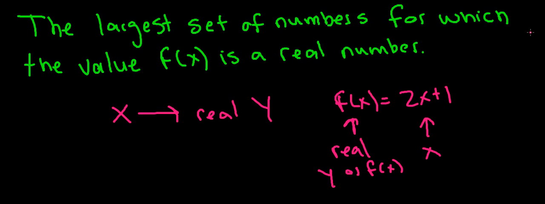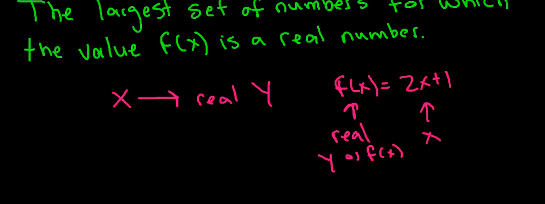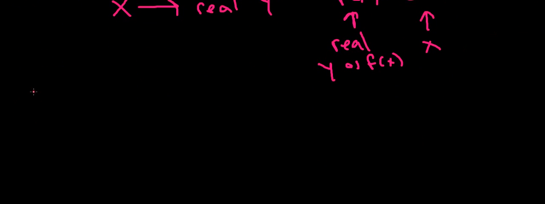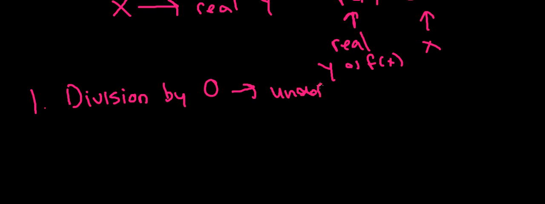So in order to do that, what we need to do is think of the numbers that would give us an answer that is undefined or not real. There's only really one way for right now of getting something that's undefined, and that's division by 0, which gives us an undefined answer.